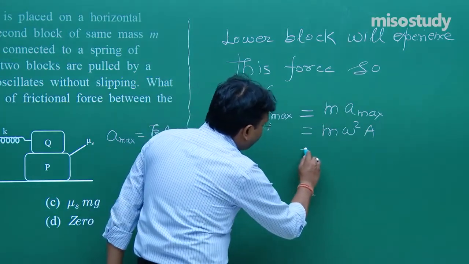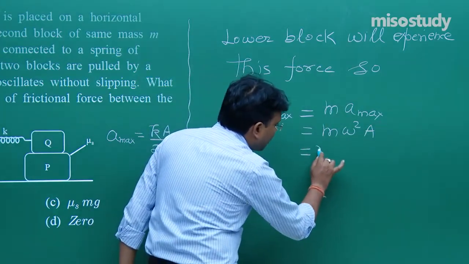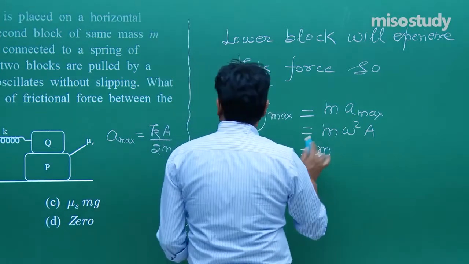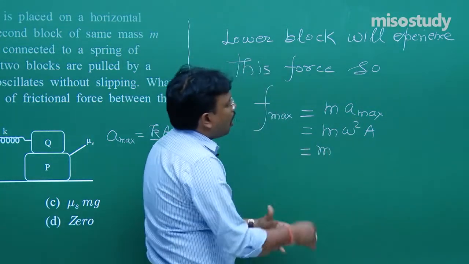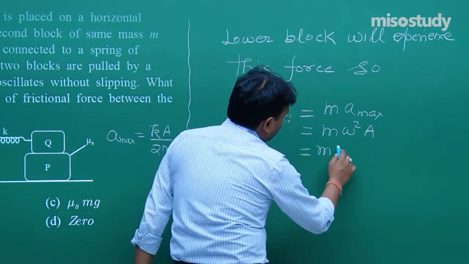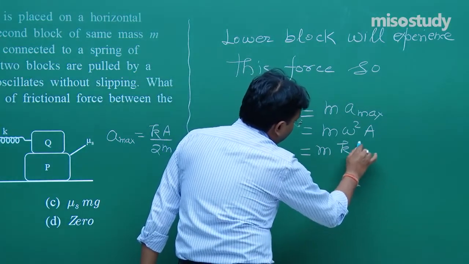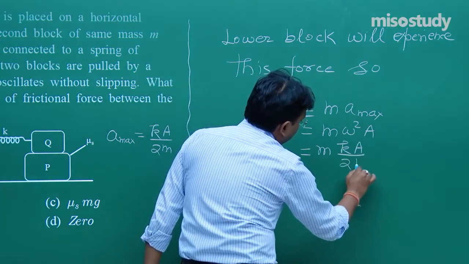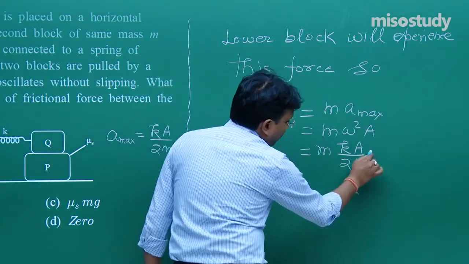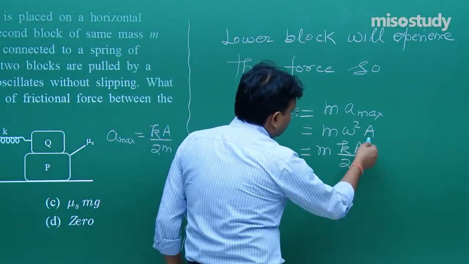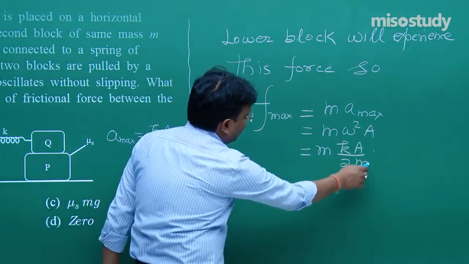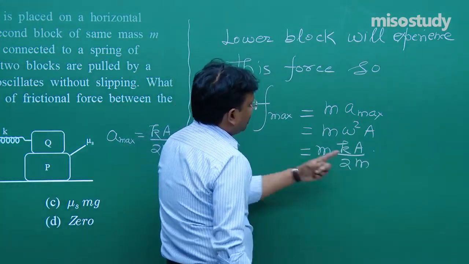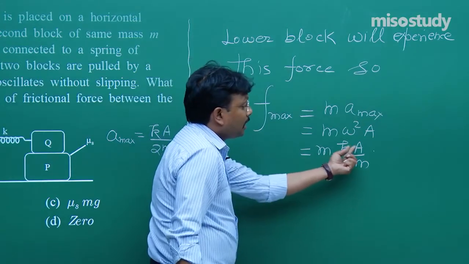So from here what I can say M. Fine. And then this value of A max, so either directly put the value or change the value, it's up to you. So you can say Ka upon 2m, fine, into this A value. So if you solve it, then m and m cancel, and ultimately you will get the value of Ka by 2.